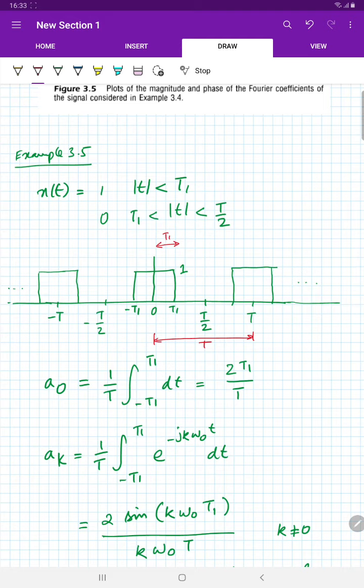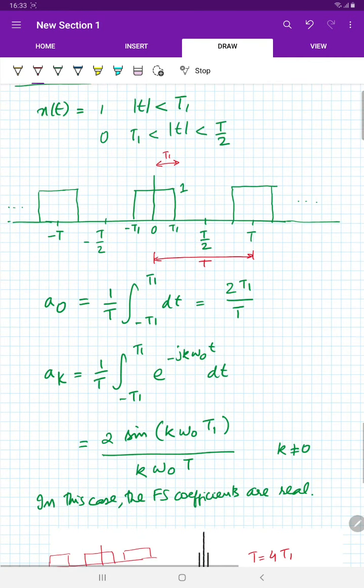We have taken the period from 0 to T, but since the signal is 0 at all the other places except between minus T1 to plus T1, we can calculate it as the integral from minus T1 to T1 of dt, so this is 1, and you get 2T1 by T. That is the first coefficient, a_0.